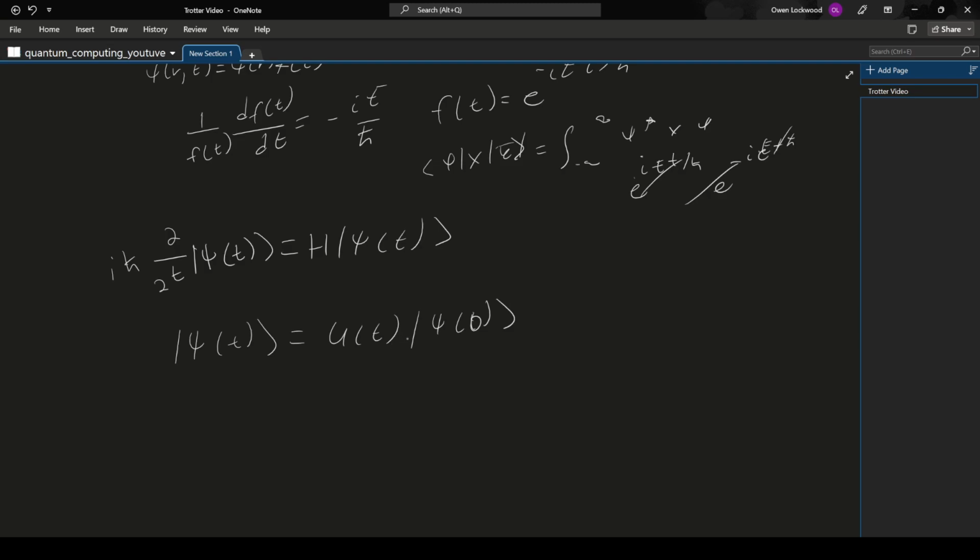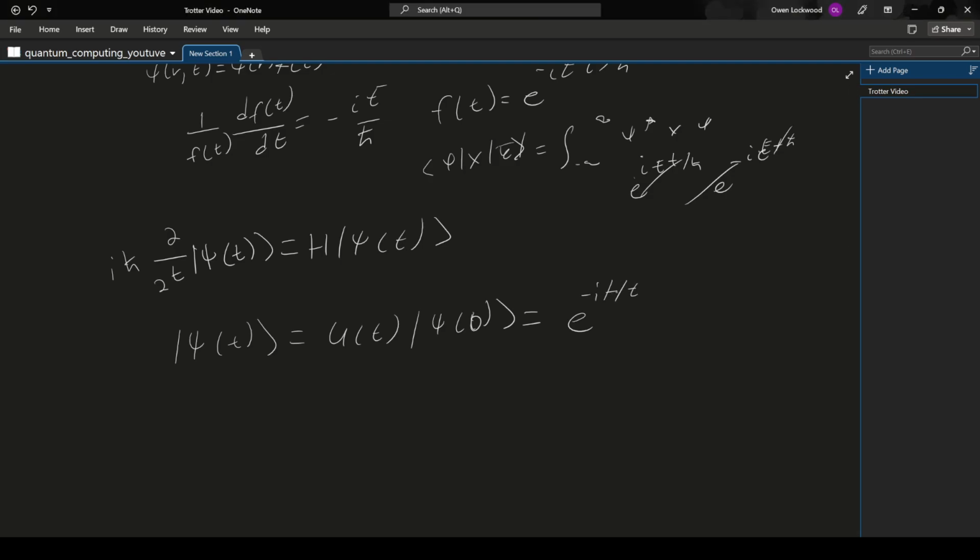Every operator is going to be unitary that I know of, since it's basically probability preserving. I don't know what a non-unitary operator would look like. Following the trajectory above, we have this e to the negative i, and instead of energy, we now have our Hamiltonian.